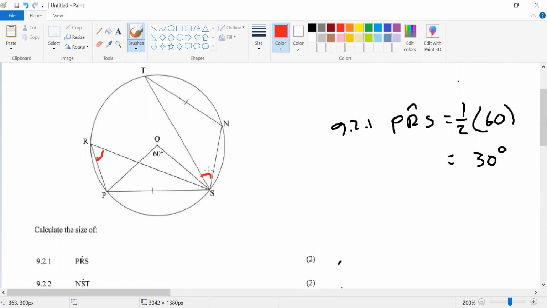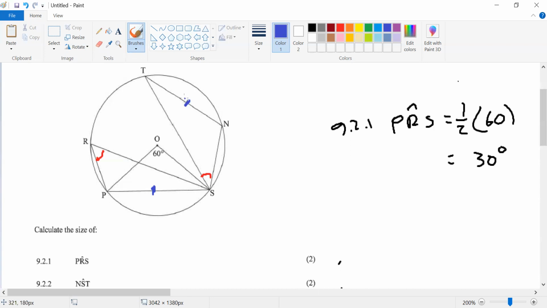One thing we know is that angle at center doesn't only mean that they have to be the same line, like in the first case where we had line PS. It can also be a line that is equal in length to line PS. And if we notice, line PS is also equal to line TN in length.